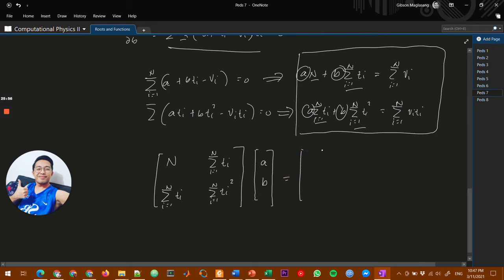And then on the right hand side, of course, we have the summations of v sub i and the summations of v sub i, t sub i, where i runs from 1 up to n. So these two are equivalent, this equation or this equation. By the law of matrices, you can reproduce the same: this times this times this equals this.